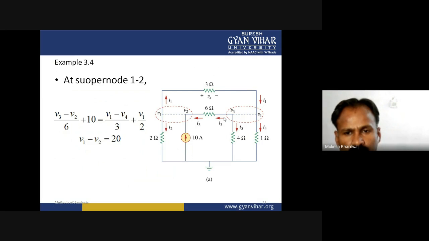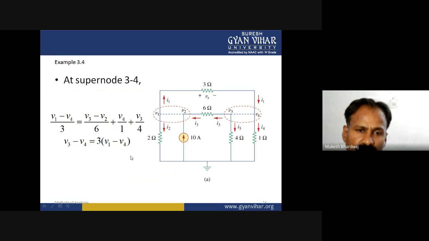So this is called the supernode concept, and by using it we can frame the equations and solve them. At supernode 3 4, writing down the equation, it comes out to be V3 minus V4 equals 3 V1 minus V4.